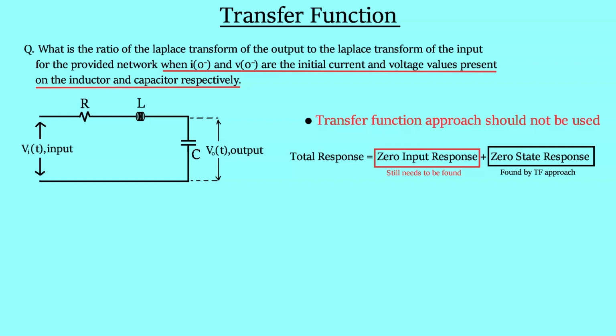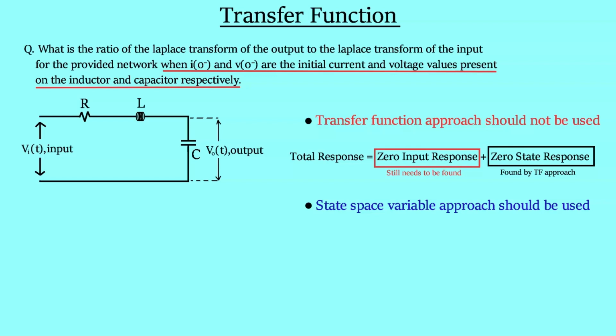But this type of approach is never appreciated as it will make your solution very lengthy. So I hope you can clearly determine in which questions you are supposed to use the transfer function approach and in which questions you should apply a state variable approach.